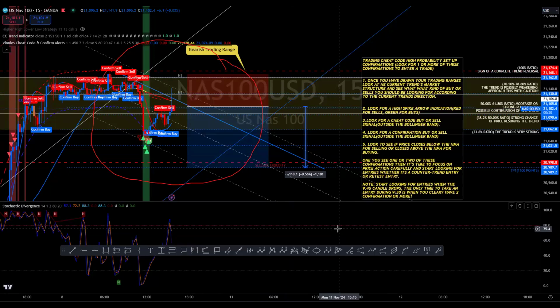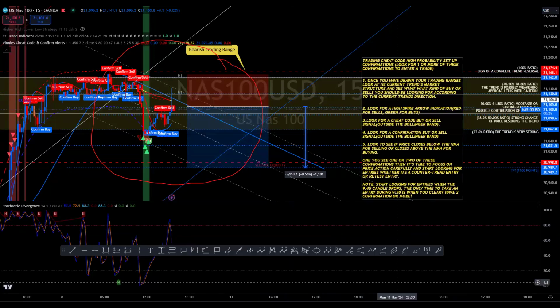All right, so the 9:45 candle is about to close. We had a big giant wick here on the 50 to 60% area. This might be a very huge rejection. We'll see what the next candle does.